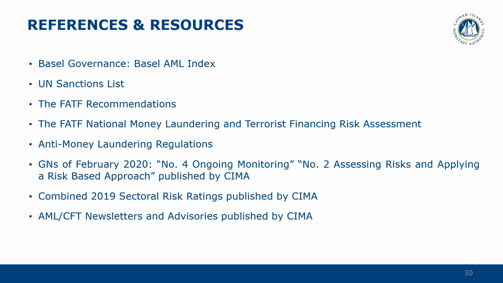There's also AMLRs in the Cayman Islands, which set out the legislative framework within which you must operate. And CIMA has produced a couple of guidance notes on ongoing monitoring and assessing risks and applying a risk-based approach, which you may also find useful. Finally, we have combined sectoral risk ratings published by CIMA and our AML-CFT newsletters and advisories published by CIMA.